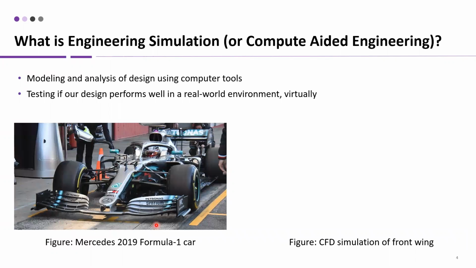this is the Mercedes 2019 Formula One car, and each and every component of this car, especially the front wing and the rear wings, the diffuser, all these parts hugely impact the performance of the car. So say we want to study the front wing.